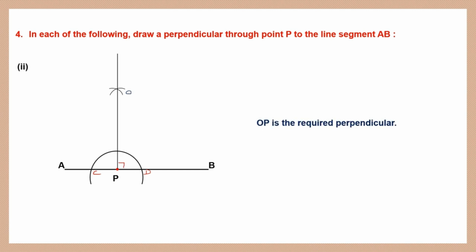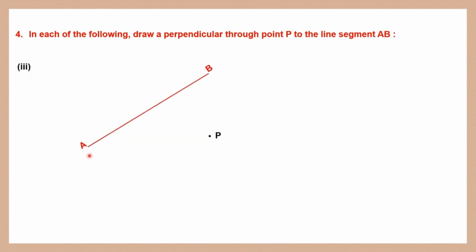OP is the required perpendicular and angle APO is 90 degrees and BPO is also 90 degrees. This is 90 degrees. This is also 90 degrees. Let's write that down. So angle APO is equal to 90, which is also equal to angle BPO.